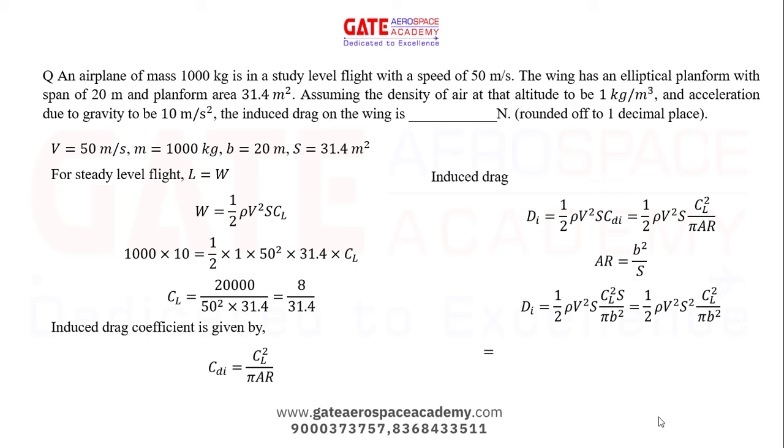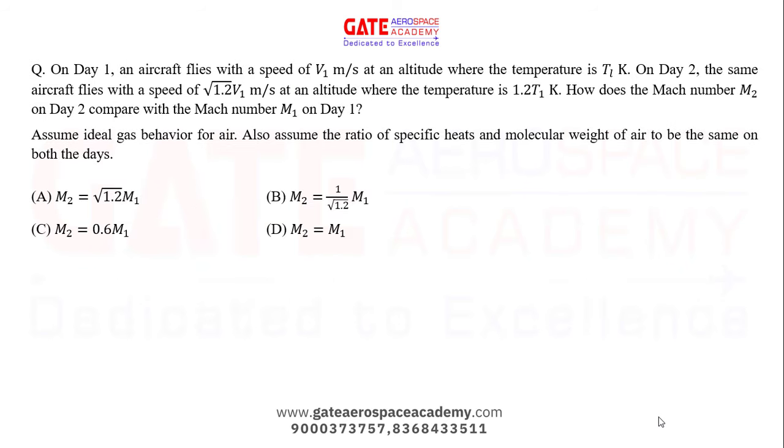Let's substitute values: half into 1 into 50 square into 31.4 square, because S is 31.4, 8 square upon 31.4 square, into 1 upon 3.14 into 20 square. So DI is equal to 63.7 Newton. Induced drag 63.7 Newton.